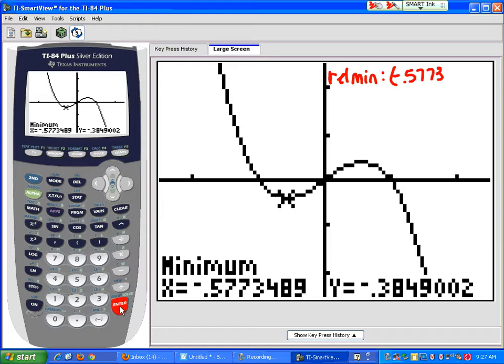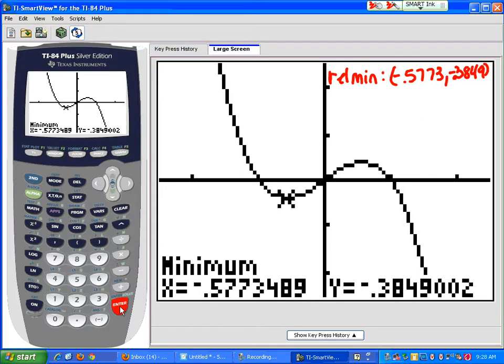And since this is a point, would I want to write the y coordinate? Yes, because it's a minimum point. You guys should also be writing this down on your paper so that you have it. So the y value is negative 0.3849. That's a point right there. So that's the first thing I wanted to find.